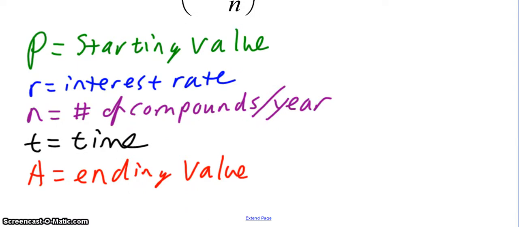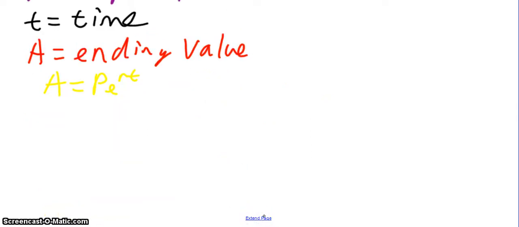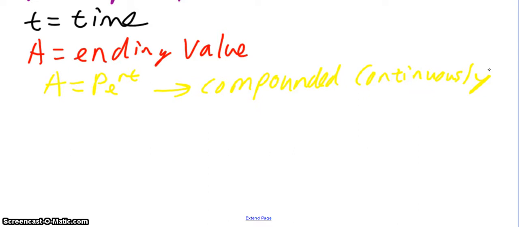So then what I was talking about is we have another equation as well, and that is A equals P e to the rt. So you may have seen or heard "Pert." This is for compounded continuously.